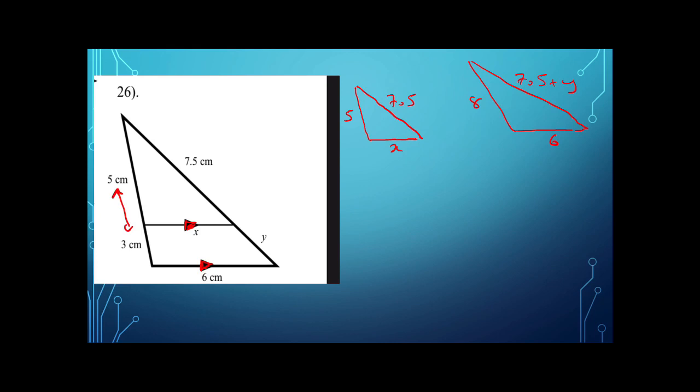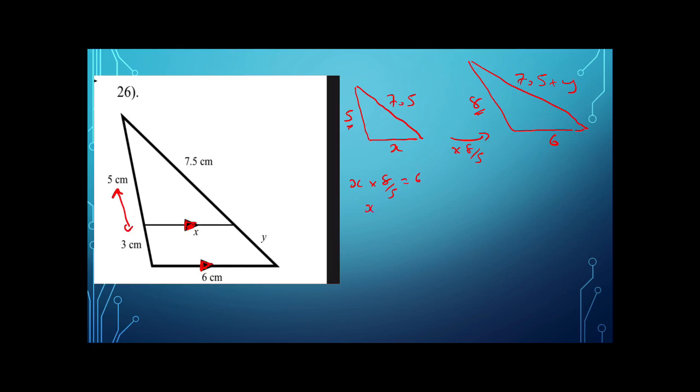Okay, so what's the multiplying factor? Well, let's check out the 5 and the 8. They're the corresponding sides, so the multiplying factor is 8/5. So x is fairly straightforward. We just multiply by 8/5, and that gives us 6.